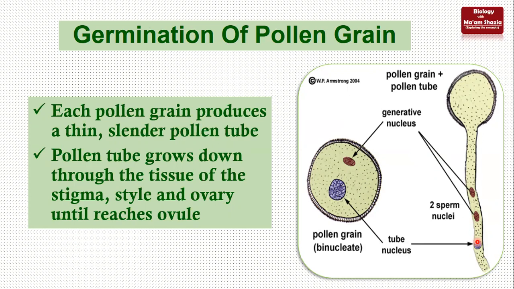The flower has the ovary as its innermost part, and the ovary has ovules, and ovules have a specific covering, so it is very difficult for the pollen to reach the ovule. So the pollen tube is very helpful in delivering the sperm nuclei to the ovaries of the plants.